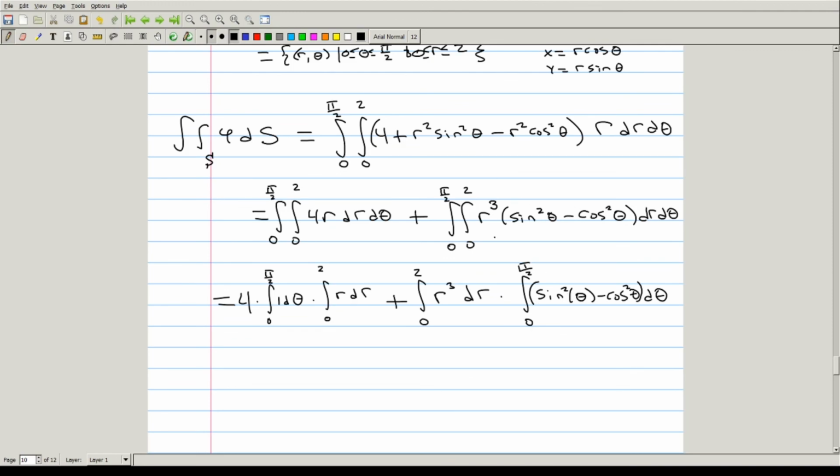So the nice thing about double integrals is that you can always split them like this if the two functions are multiplicative.